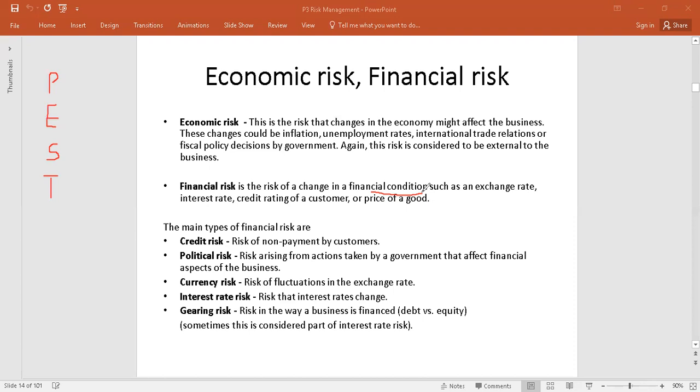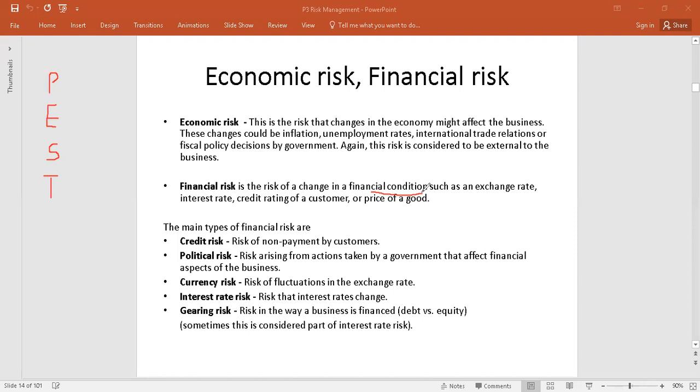If it is bound by a legal contract or agreement, they can collect all the receivables, but otherwise there is always a risk of bad debts happening. That's called credit risk.